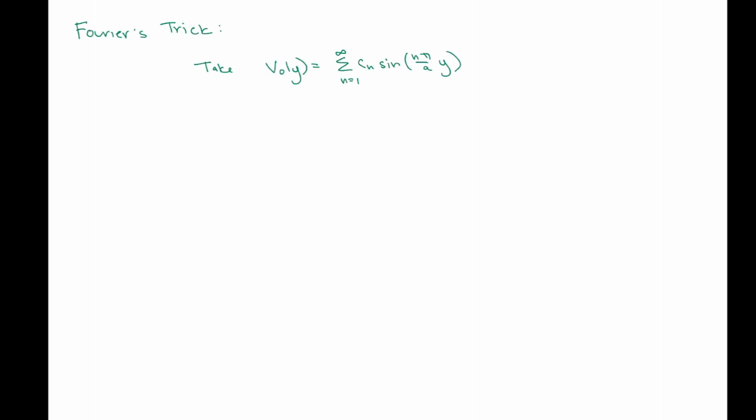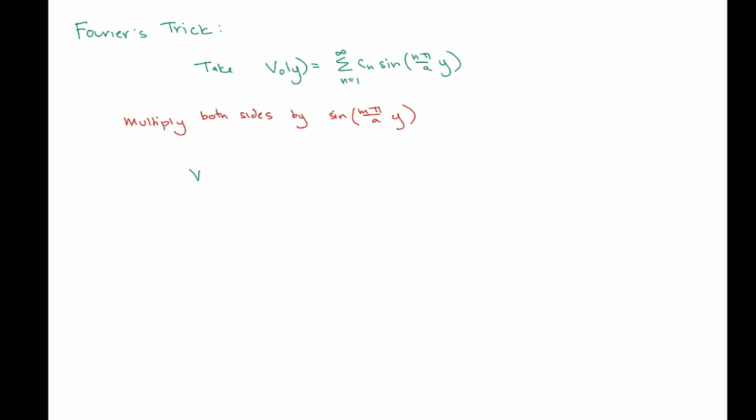But in order to solve for the c sub n's, I'm going to multiply both sides by another function, which I'm going to call sine of m pi over a times y. I'm doing this because it's going to help me get what I want. Physically, there's no reason to do it other than a math trick.